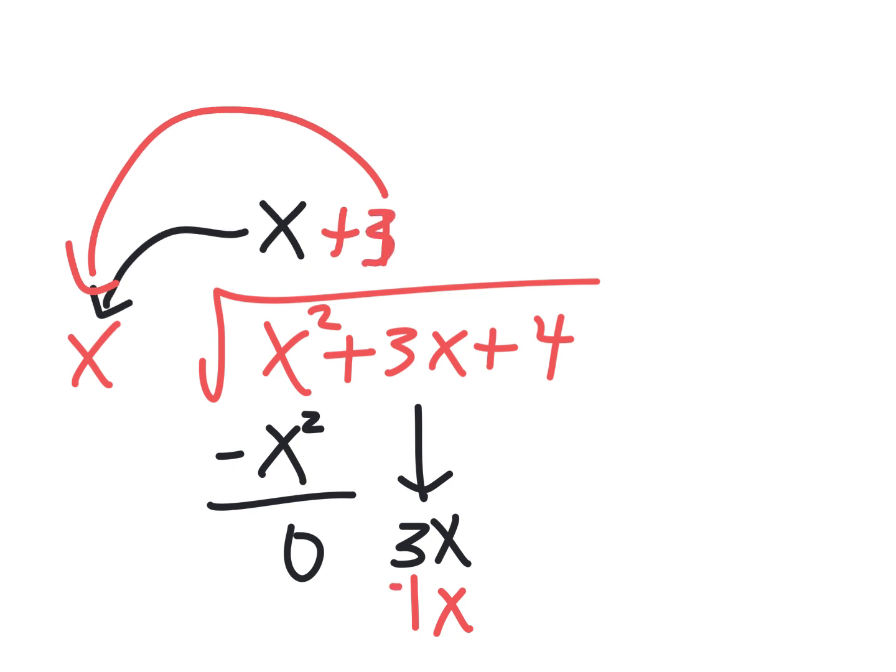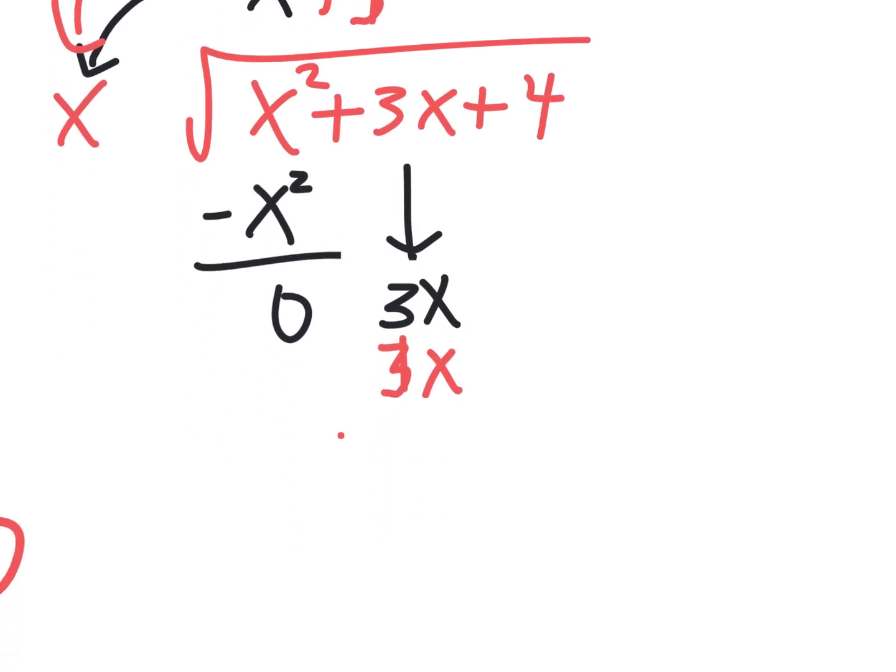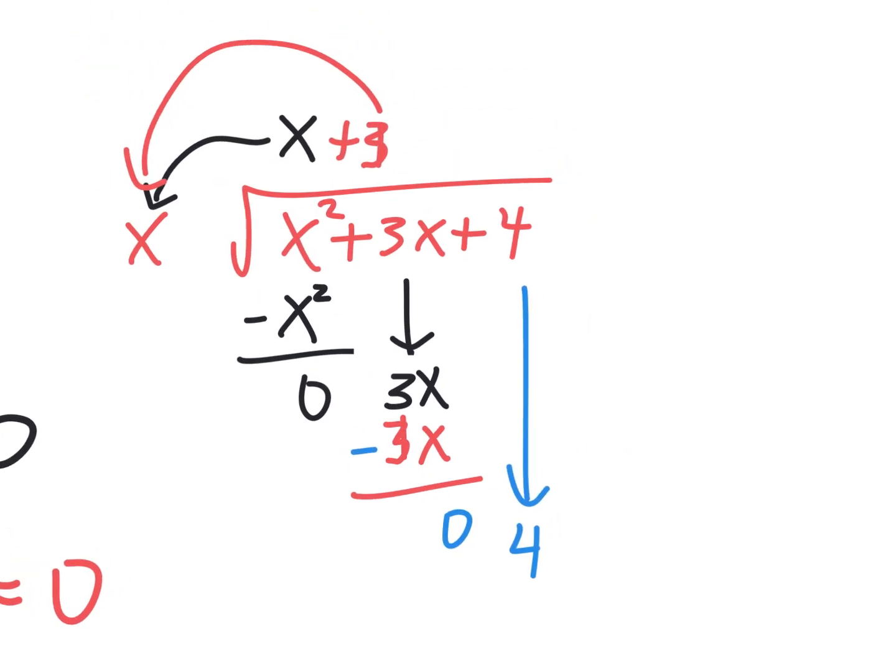And 3 times x will make 3x. Now is it matching up nice? Yes, it is. And you go opposite. Nothing left. Bring down the 4. Is there any way to put something here? No. So then that 4 is called the remainder. That was remainder 4.